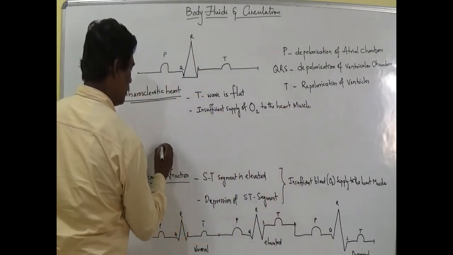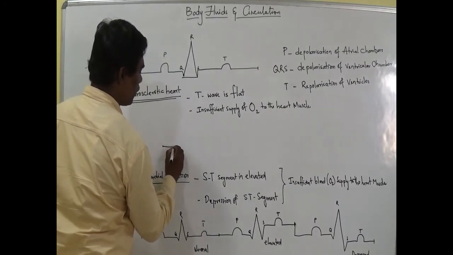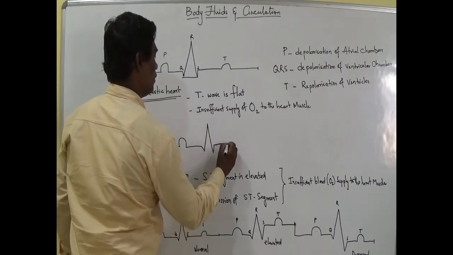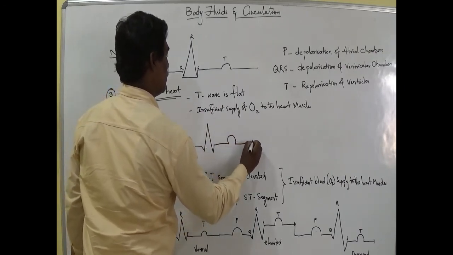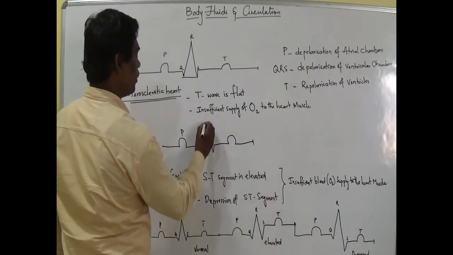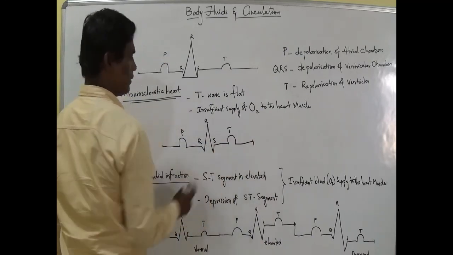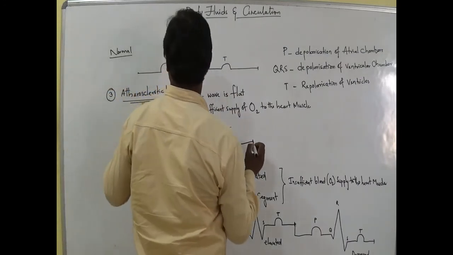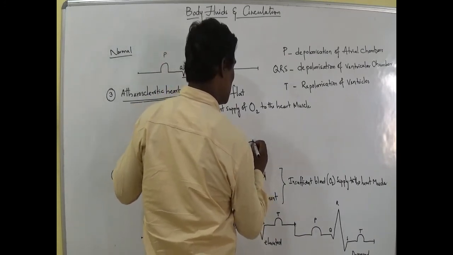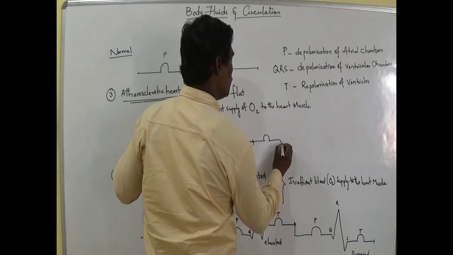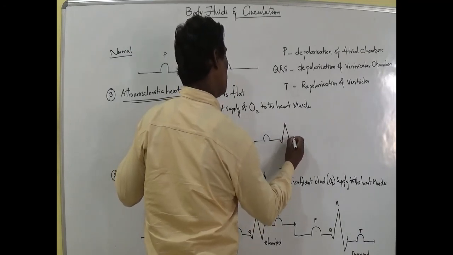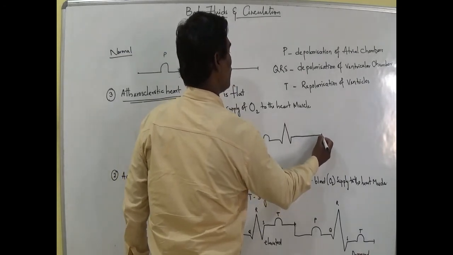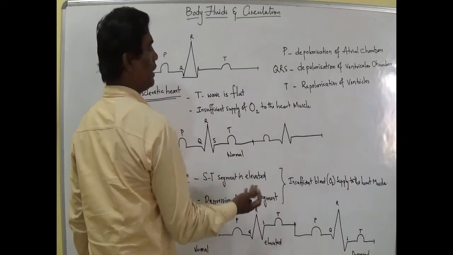So if you talk about the first one, normal, it has P, Q, R, S, T waves. When it comes to the atherosclerotic heart, we can see that the P wave and the QRS wave take place, but repolarization takes place for a longer period of time. There will be no T wave.